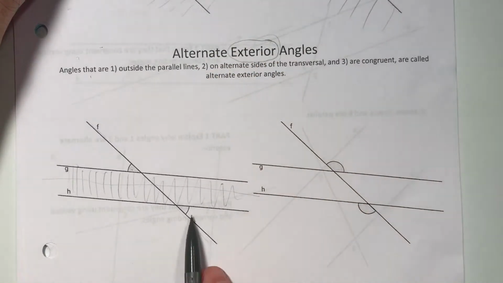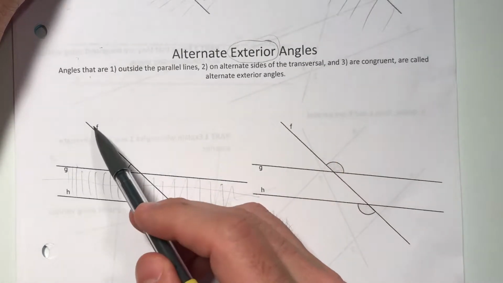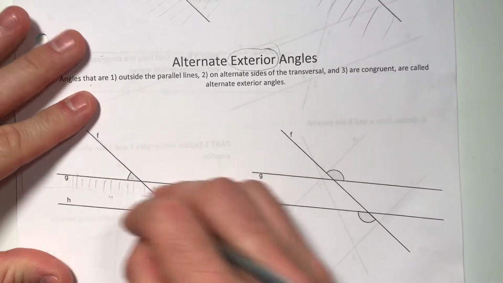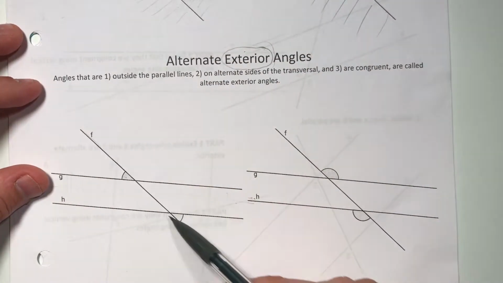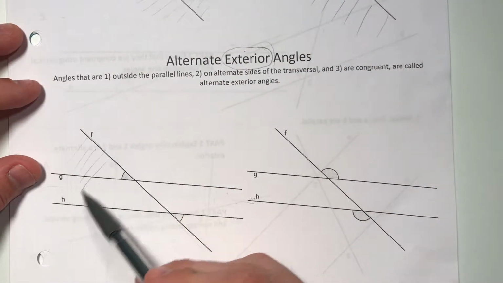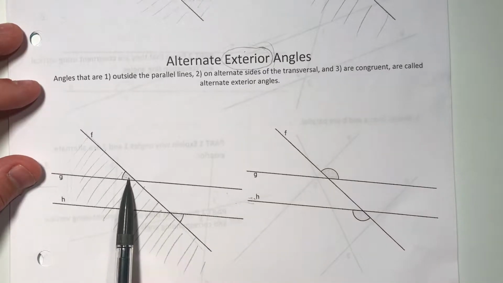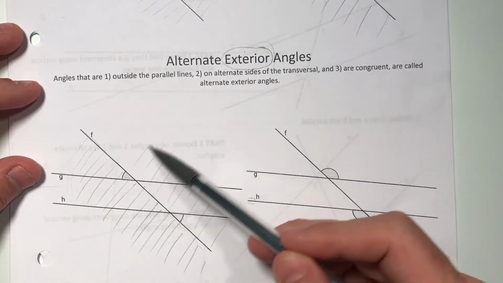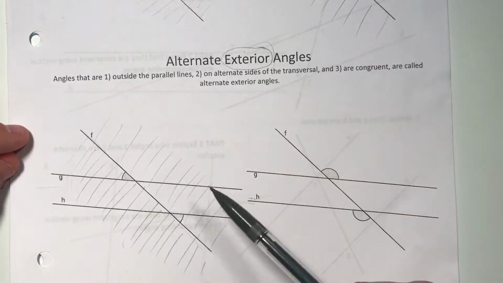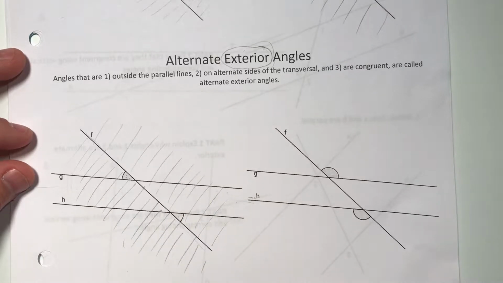Alternate means that they are on alternate sides or opposite sides of this line. If you just look at this line here, it's got a left side. And notice this angle is on that left side. But this angle is on the opposite side of that line. So they're on opposite sides, and they're the same size as each other.